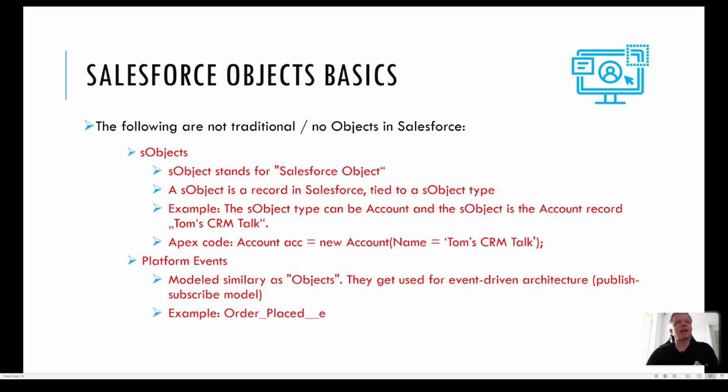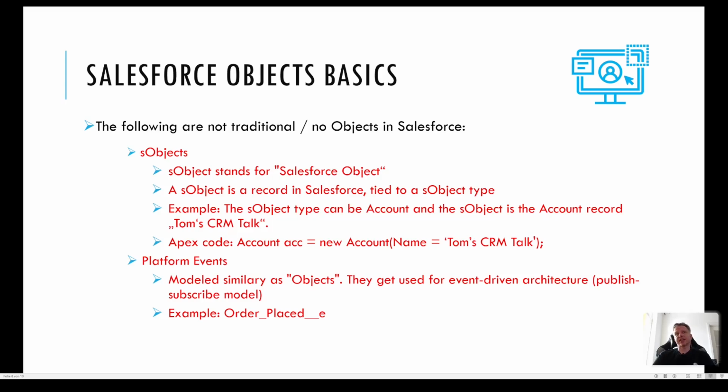Last but not least, I want to touch on some non-traditional or actually even non-objects in Salesforce. We have two types here: sObjects and platform events. So what is an sObject? sObject stands for Salesforce Object, and it's something developers work with when writing Apex code pretty much all the time.